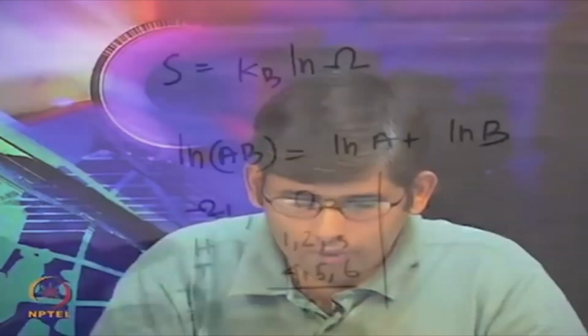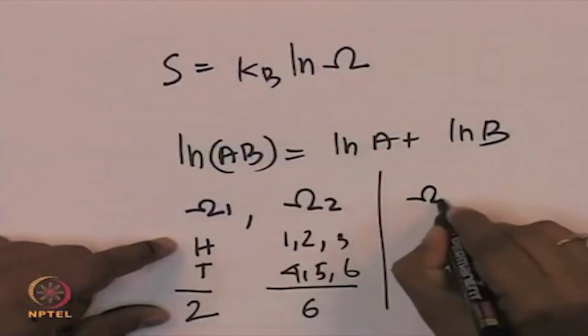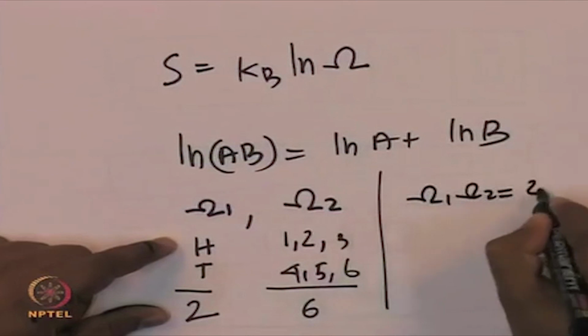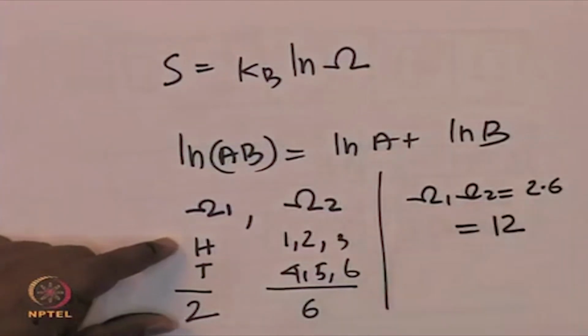When the coin is head, the die can have all 6 states: head 1, head 2, head 3, head 4, head 5, head 6. When the coin is tail, the die can have 6 states. So, there will be 12 states. The total number of states will be omega 1 times omega 2, which is 2 into 6, 12 states.